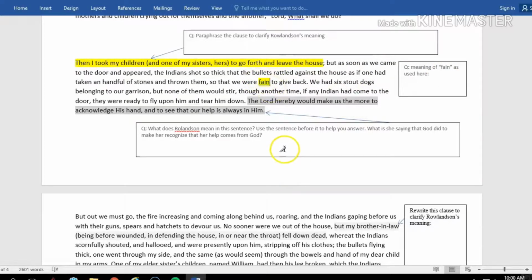Okay. And then the last question, what does Rowlandson mean in this sentence? Use the sentence before it to help you answer the question. What is she saying that God did to make her recognize that her help comes from God? So make sure that you use everything that I'm highlighting here to help you answer this question.